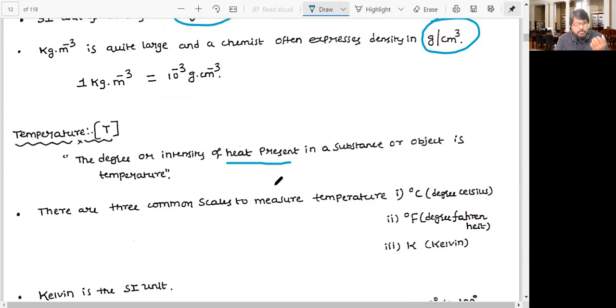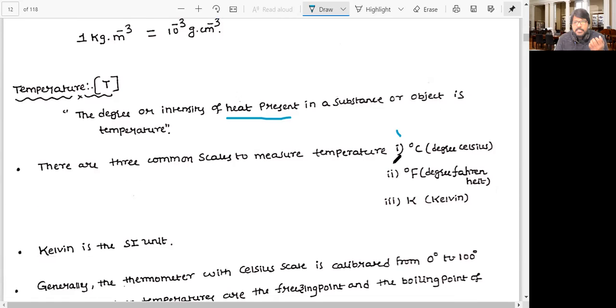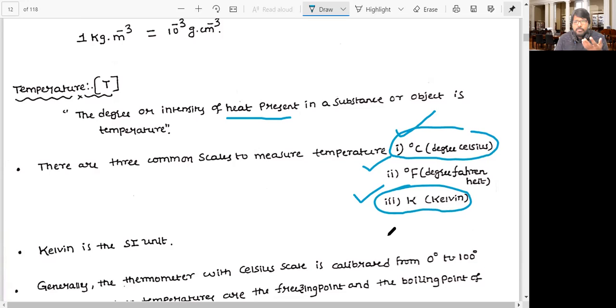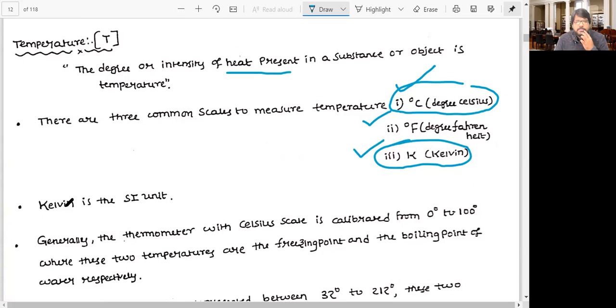In order to measure temperature, we generally have three different scales: degree centigrade or degree Celsius, Fahrenheit, and Kelvin. We chemists generally use degree centigrade and Kelvin. But of course, since NCERT has given the information, it is my duty to discuss. And of course, SI unit is Kelvin.